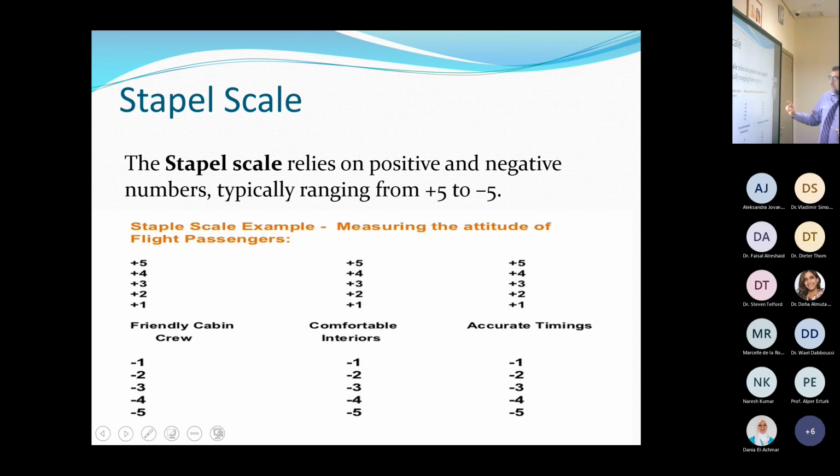For example, if the consumer believes that the cabin crew is extremely friendly, he should circle +5, because +5 is the highest evaluation of friendly cabin crew. If the consumer believes that the cabin crew is extremely unfriendly, -5. So you use numbers to evaluate positively or negatively the concept in the middle. This is the idea here.